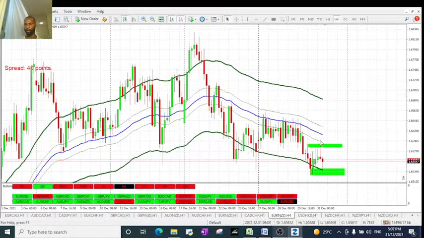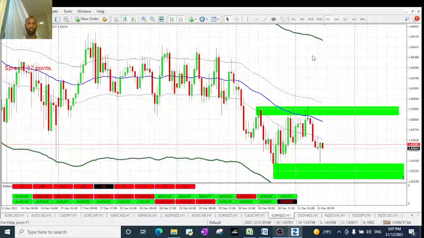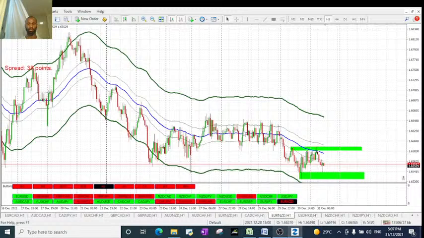Look at all this selling pressure. Trend is down. You have all the selling pressure on the hourly chart. Trend is generally down. Yeah, we hit a zone, that's true. Buying pressure, buyers stepped in, but am I keen to take buys here? No.